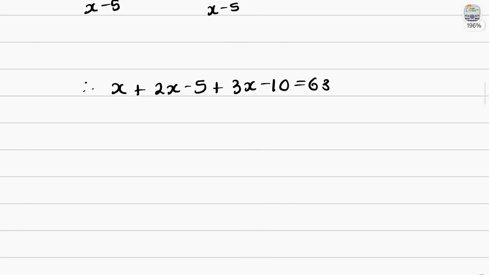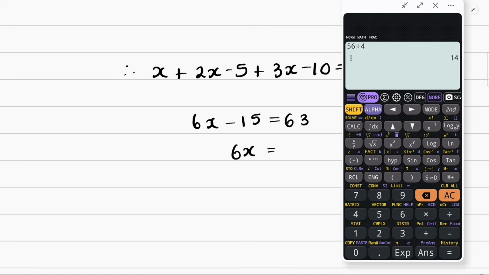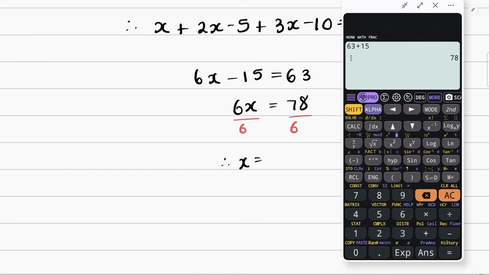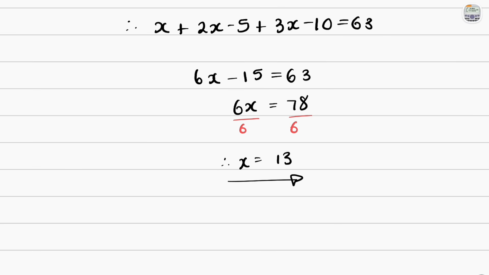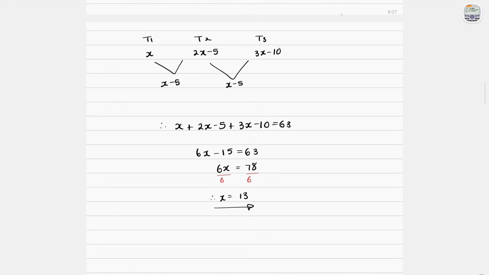Adding, x plus 2x plus 3x is 6x, and negative 5 minus 10 is negative 15, equal to 63. Then 6x is equal to 63 plus 15, which is 78. If we divide both sides by 6, x is finally equal to 78 divided by 6, which is 13. That is our answer. The first term is 13. And that is it for question 3.